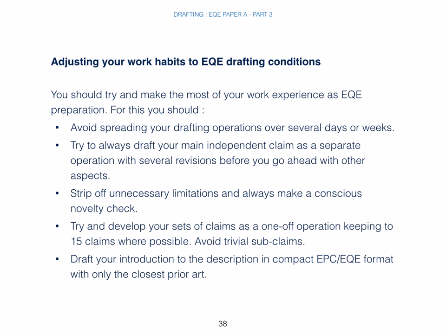If you adjust your working habits along these lines, drafting under EQE conditions should come as less of a shock. After all, aiming for a broad and valid claim is common to EQE practice and everyday requirements.